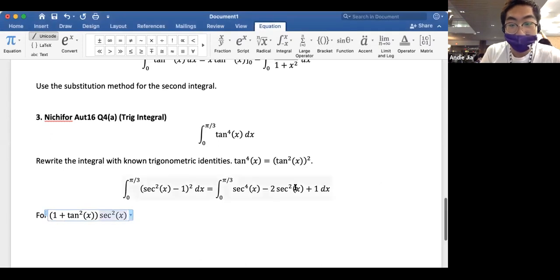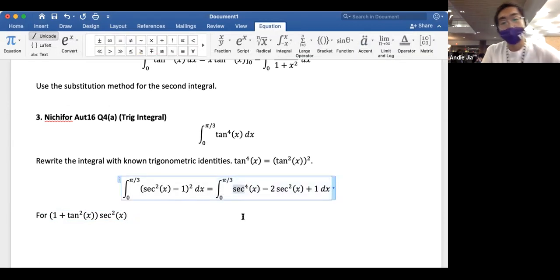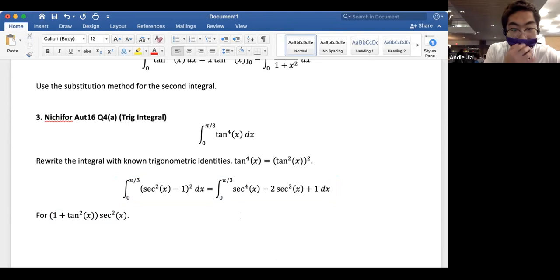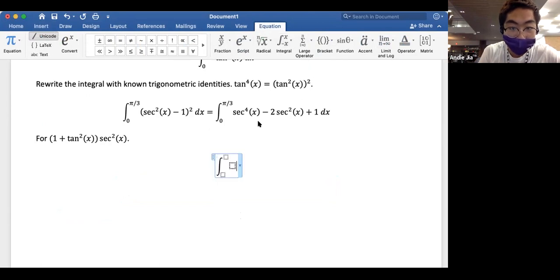Then the integral will be much easier. For this, just the tangent of x. The tricky part is the power of 4. Then we step back to this integral again and do the u-sub here.